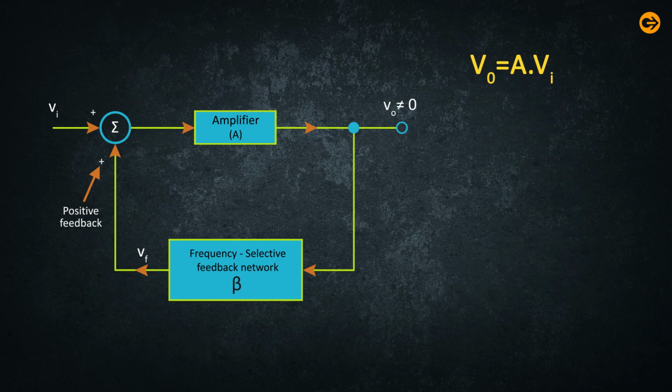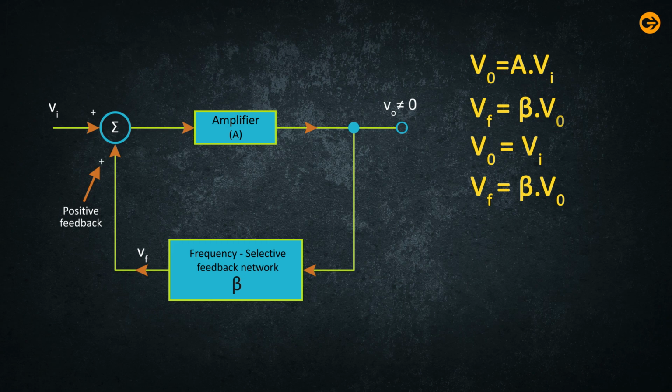So we can say Vf equals beta multiplied by V0, where Vf is the feedback voltage. Now by substituting the value in the above equation, we will get V0 equals A Vi, and we already know that Vf equals beta multiplied by V0.